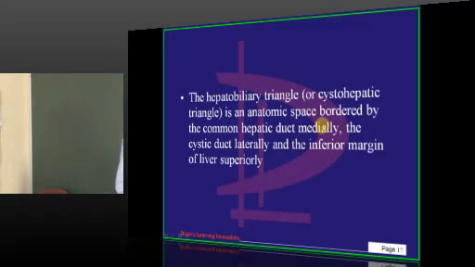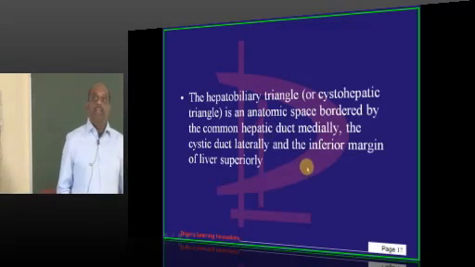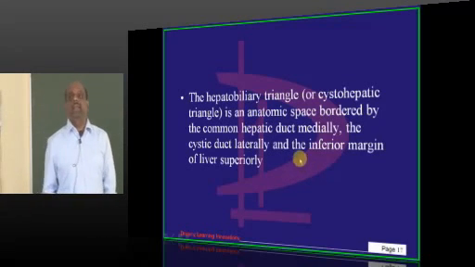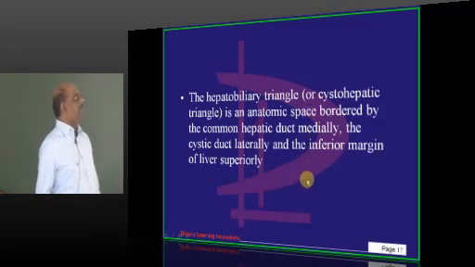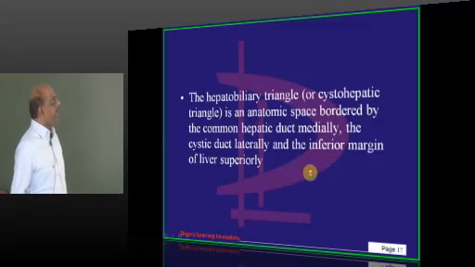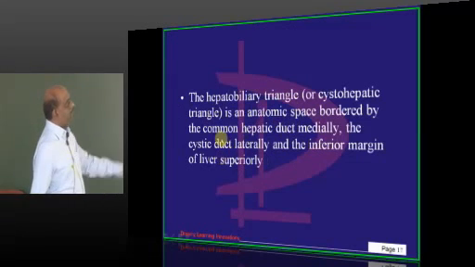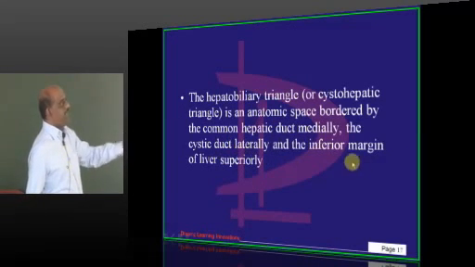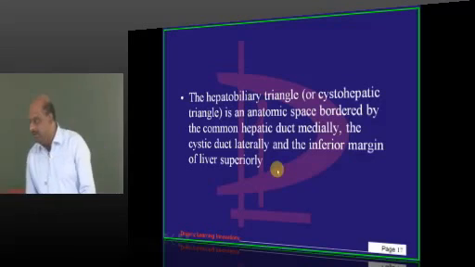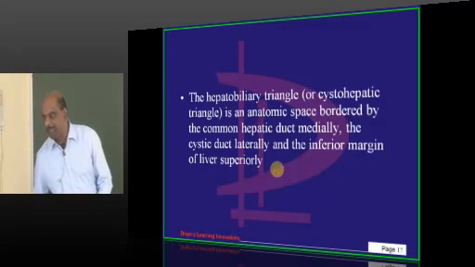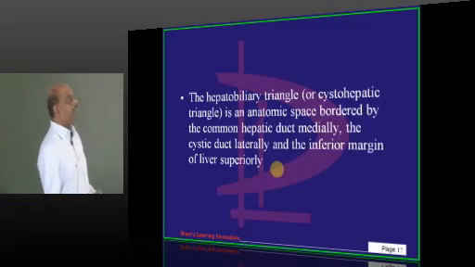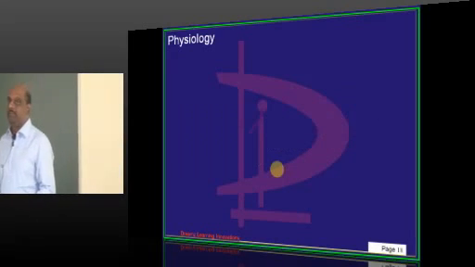Common hepatic duct medially, cystic duct laterally, inferior margin of the liver superiorly are the typical boundaries of the hepatobiliary triangle. So it is not the hepatic artery, but the common hepatic duct, cystic duct and inferior margin of the liver that typically constitute the boundaries, is what needs to be remembered.